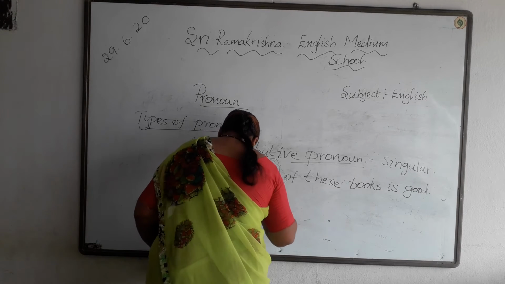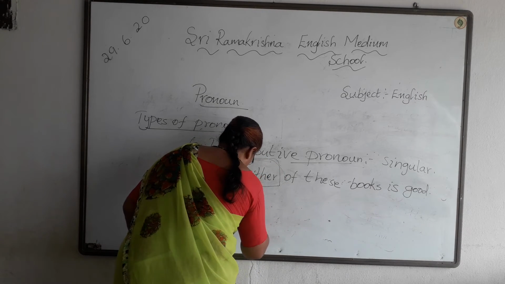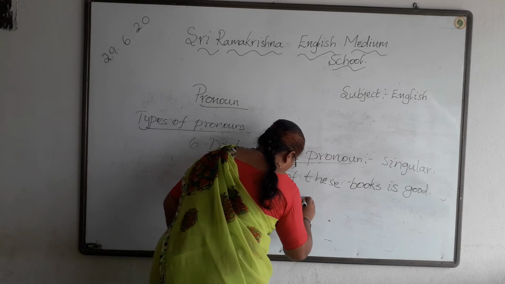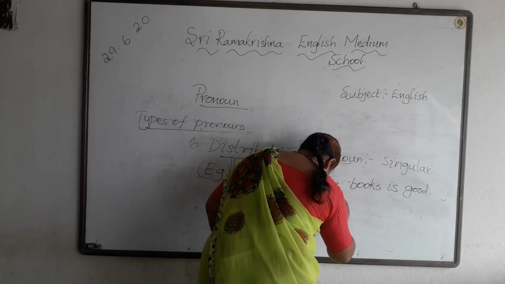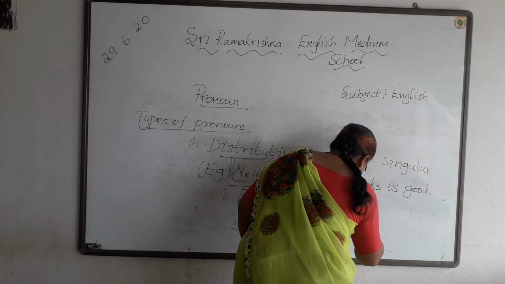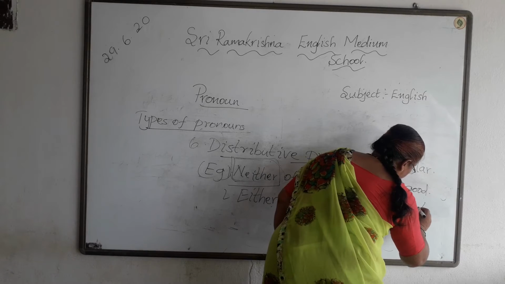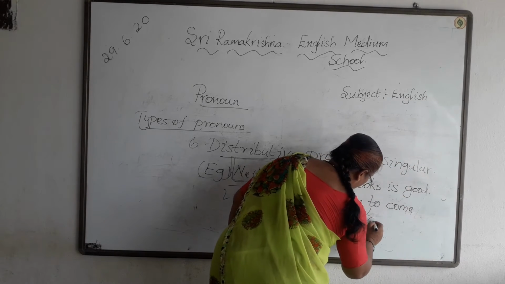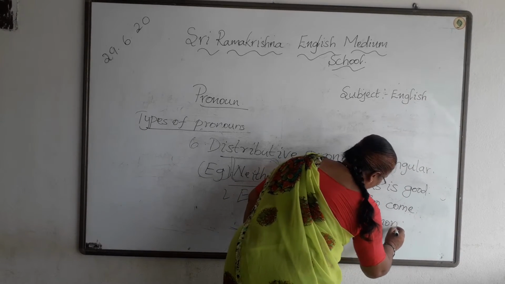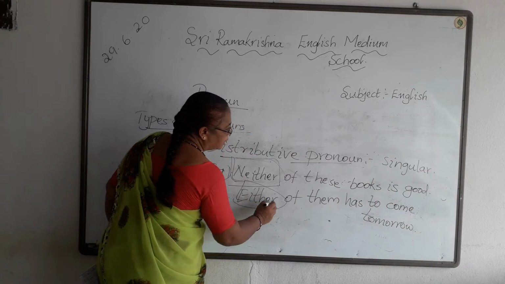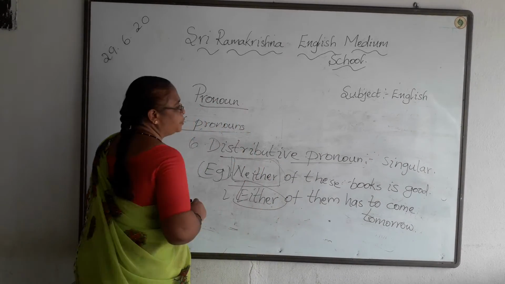Another example: Either of them has to come tomorrow. So this "either" is the distributive pronoun.